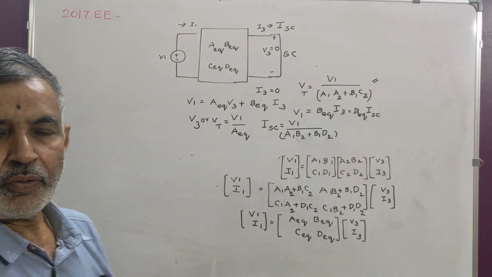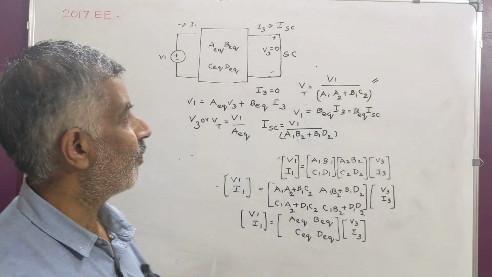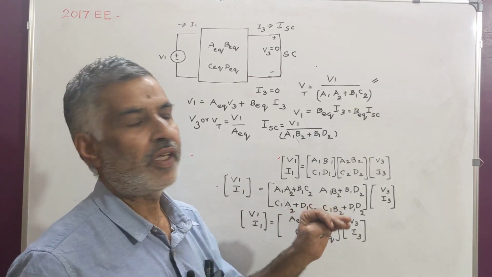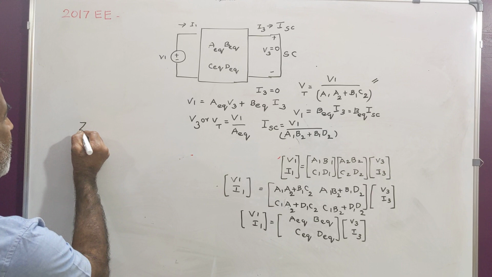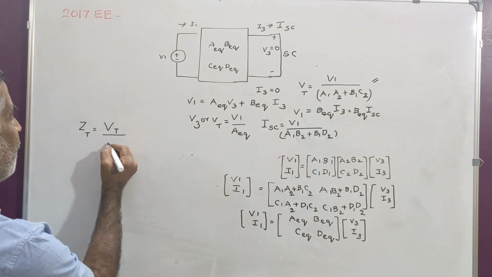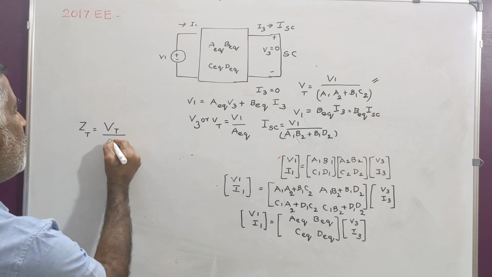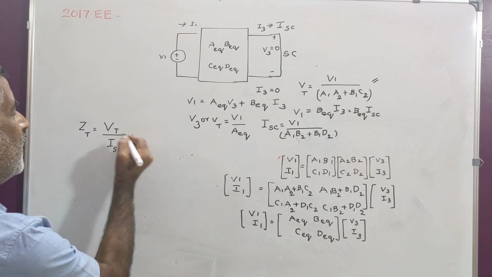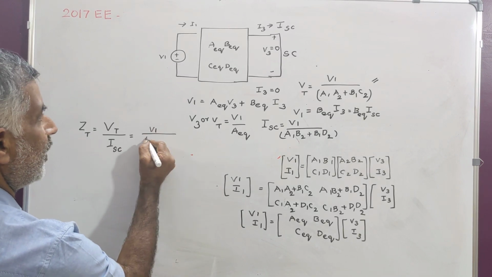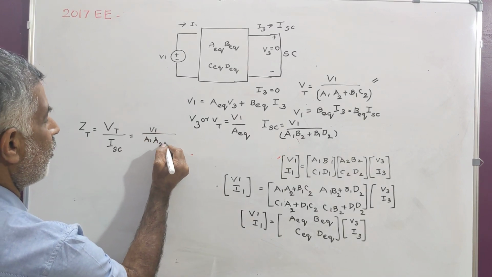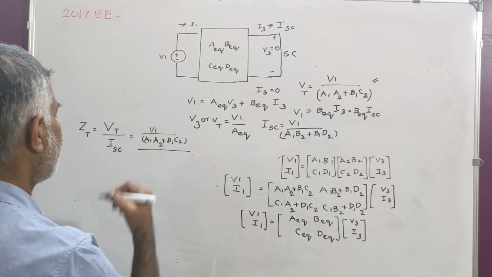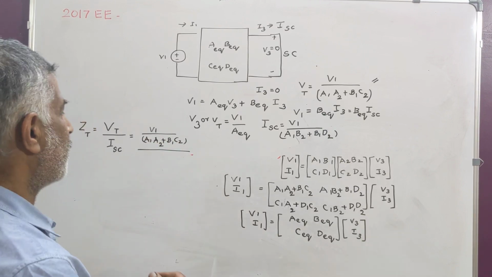Now you recall Thevenin theorem and Norton theorem. What is Z Thevenin? ZT is equal to VT divided by I short circuit. VT is V1 by A1 A2 plus B1 C2, divided by I short circuit.